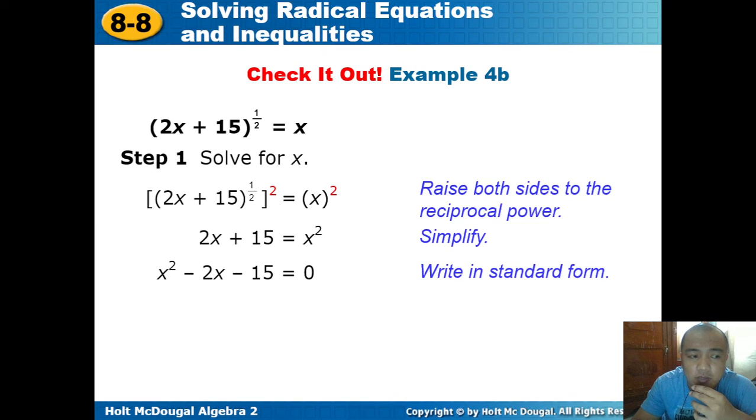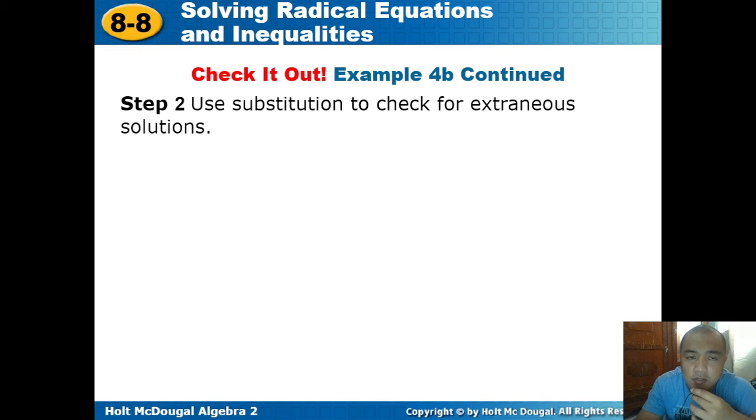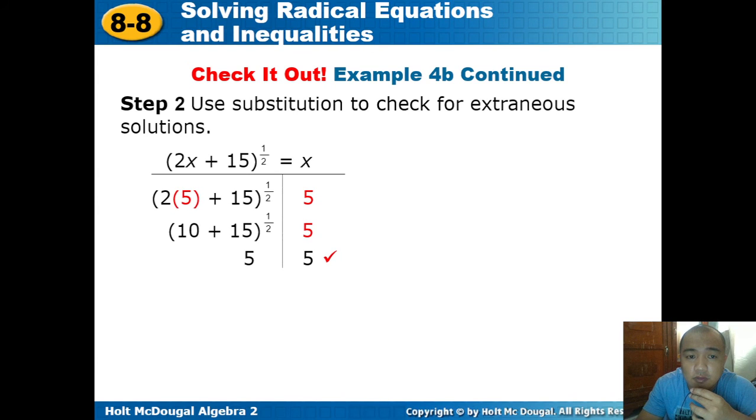x squared minus 2x minus 15 equals 0. Then what are the factors of negative 15 whose sum is negative 2? Negative 5 and 3. So the solutions are 5 and negative 3. Let's use substitution to check for extraneous solutions. For 5, correct: 10 plus 15 is 25, raised to 1/2 is 5.